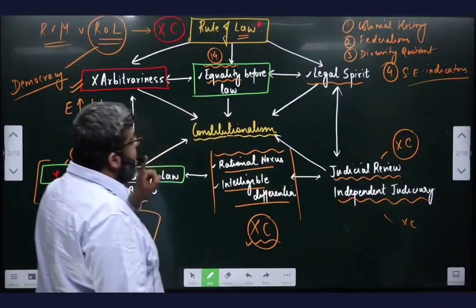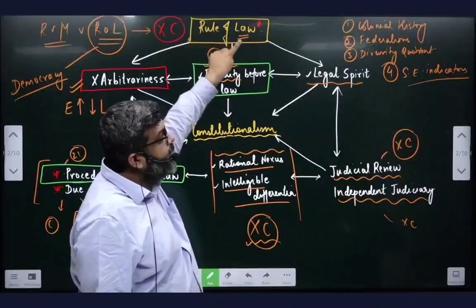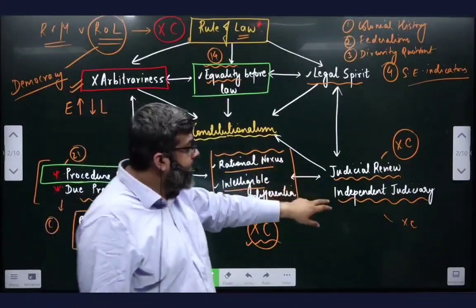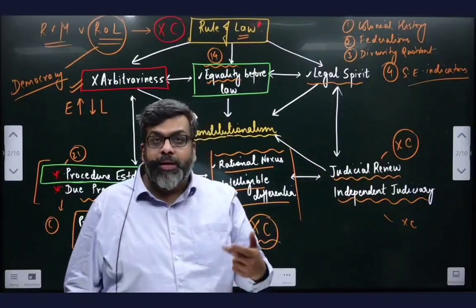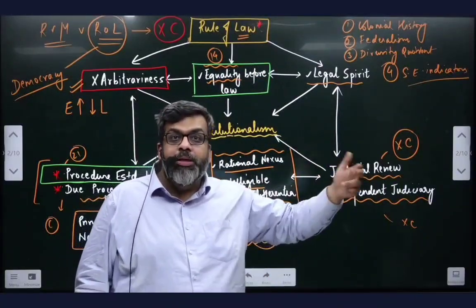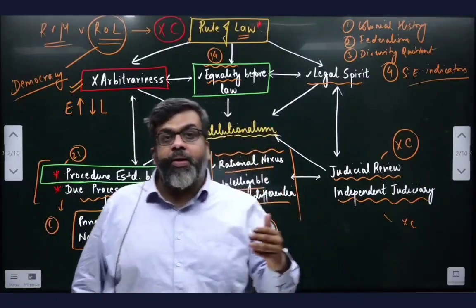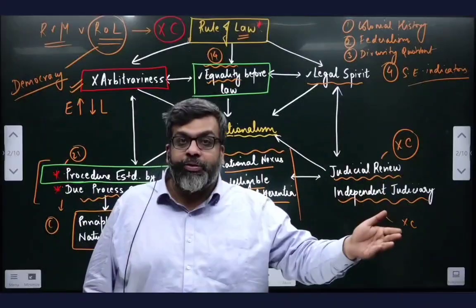So if in the prelims they ask you which of the following is an outcome of rule of law, and they say rule of law is related to judicial review, yes, because without judicial review there cannot be rule of law. You cannot decide what is good law or bad law unless there is judicial review.